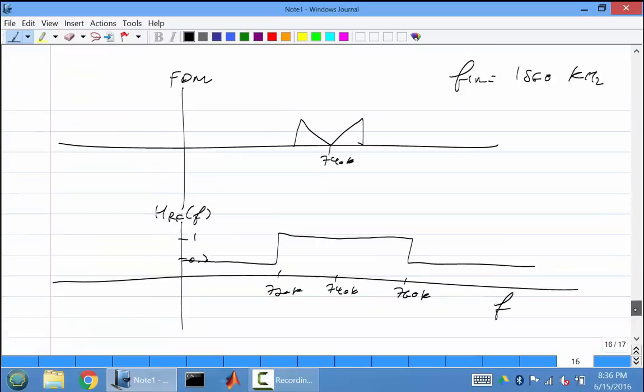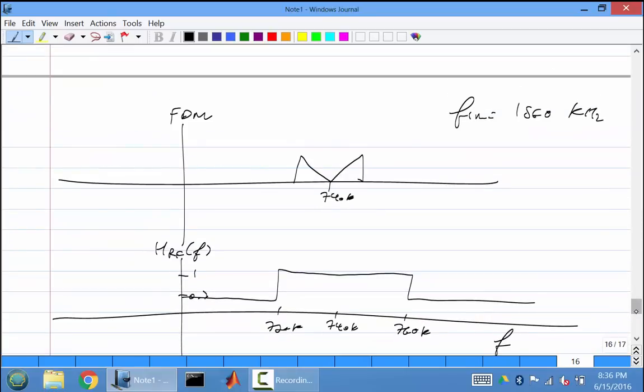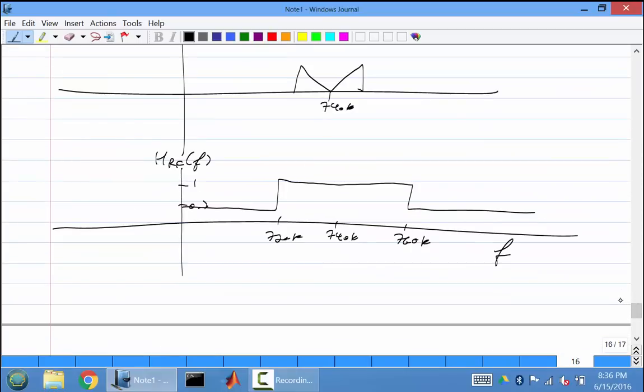Okay, so what's happening here is that at the RF stage, you have your frequency division multiplex signal. 1560 is going to be right over here somewhere. The signal here gets attenuated by 0.3.